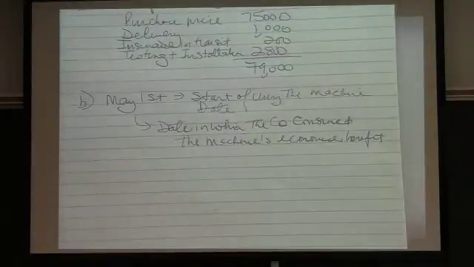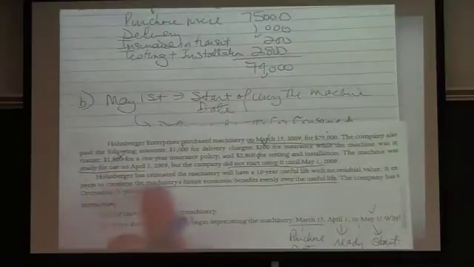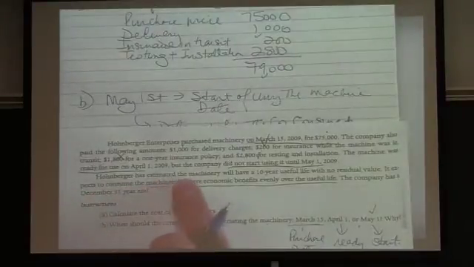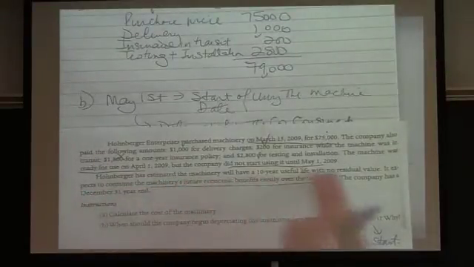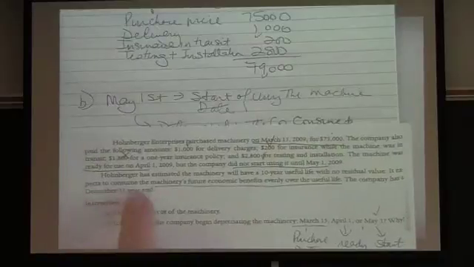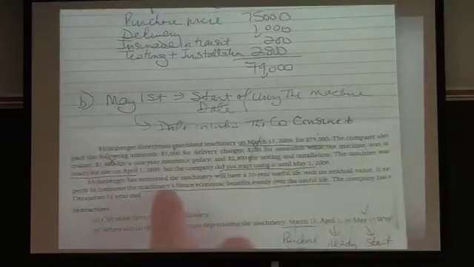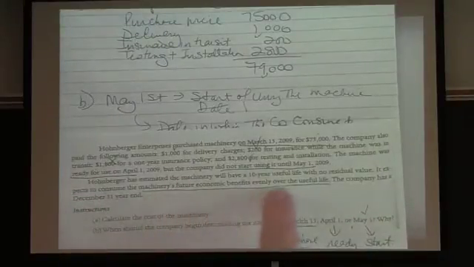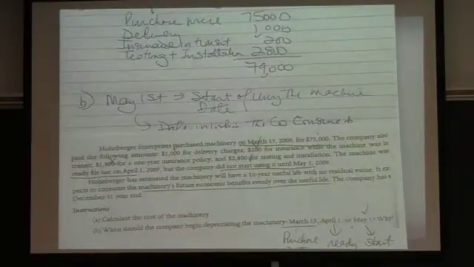Okay? Now there is something else. It says the company has estimated that the machinery has a 10-year useful life with no residual value, and is expected to consume the machinery's economic benefit evenly over the useful life.